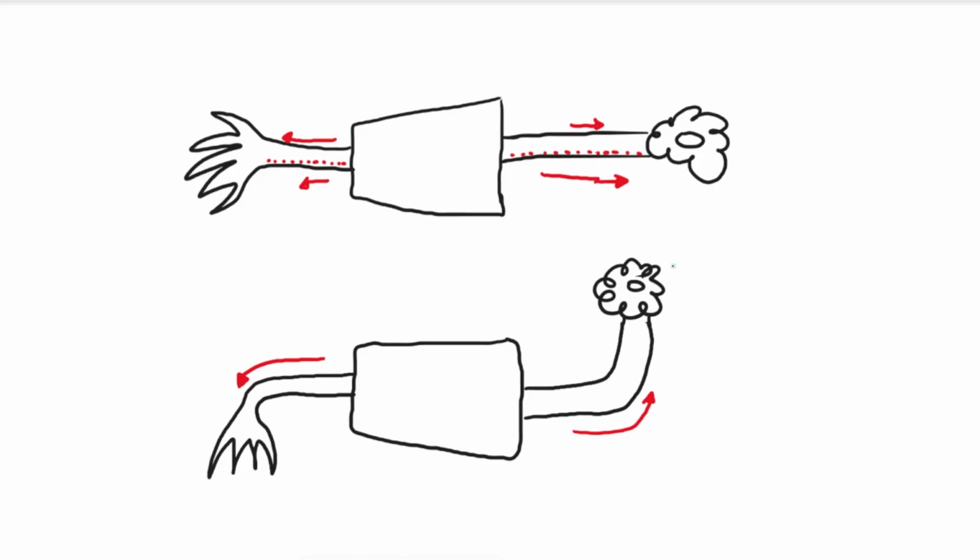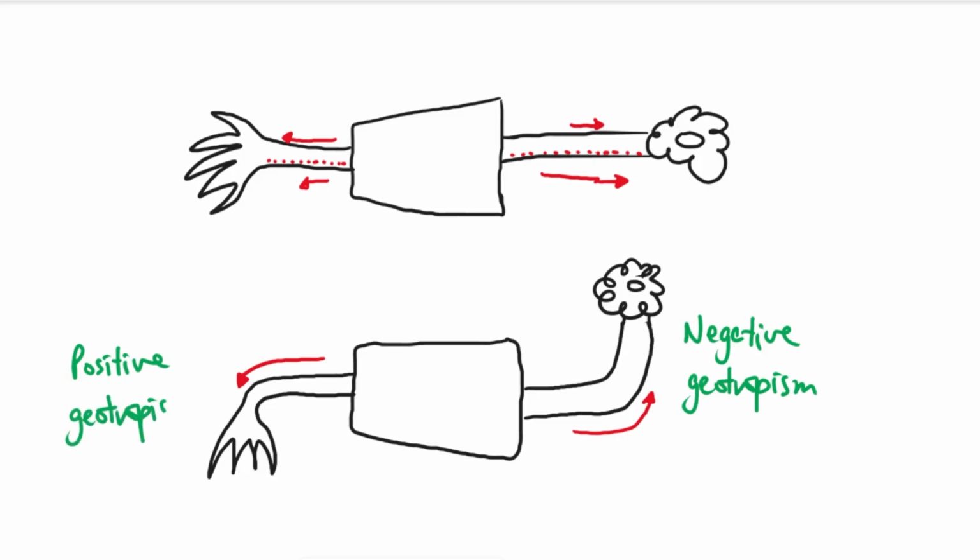So therefore, in the shoots here, we can see the shoots are trying to grow away from gravity, away from the ground. So we call this negative geotropism being shown in the shoots because it's trying to grow against the direction of gravity, whereas the roots are going towards the ground, towards gravity. So therefore, the roots are showing positive geotropism. So they are the exact opposite.